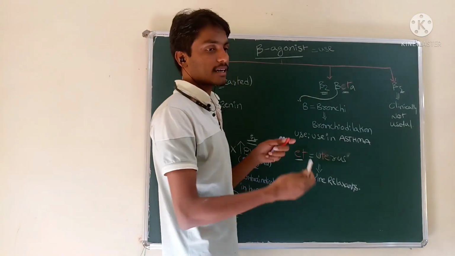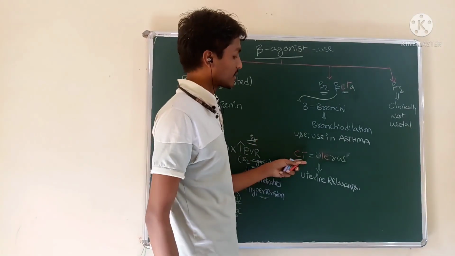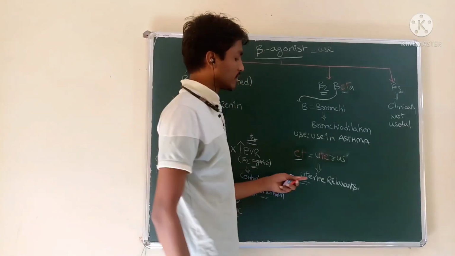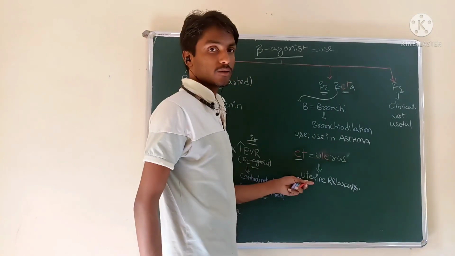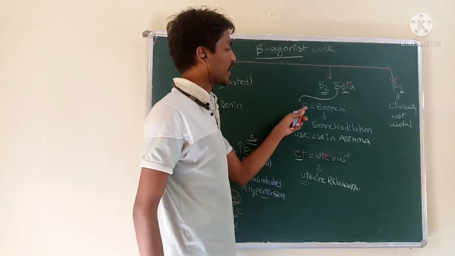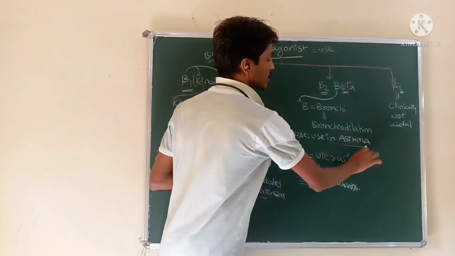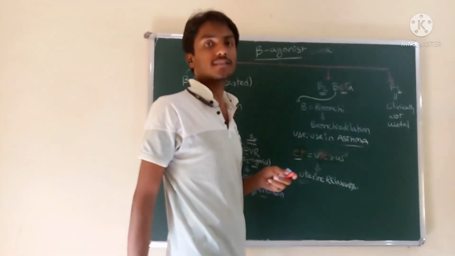Bronchodilation will dilate the bronchi, hence it is used in the treatment of asthma. In asthma, bronchoconstriction is the symptom, and a beta 2 agonist will cause bronchodilation. Hence we use it in the treatment of asthma.